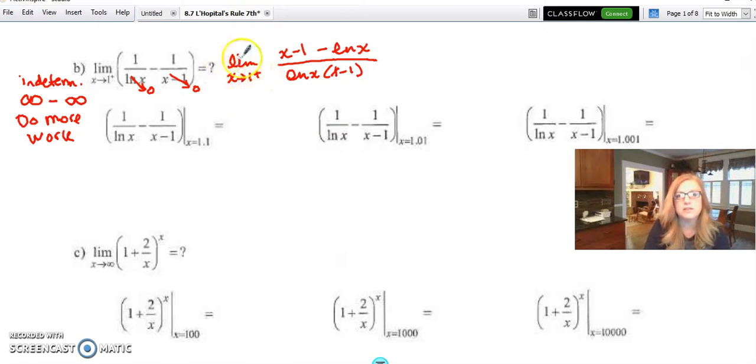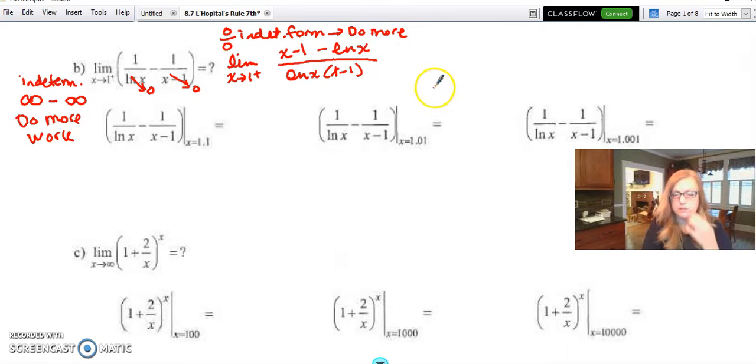So we take a look at this limit as x goes to 1 from the right. You're going to end up with a 0 on the top, and you're going to end up with a 0 on the bottom. So doing that left me still with an indeterminate form, which says do more work. So I still haven't achieved my objective of trying to see who's winning. And then you're like, well, it's going to 0.